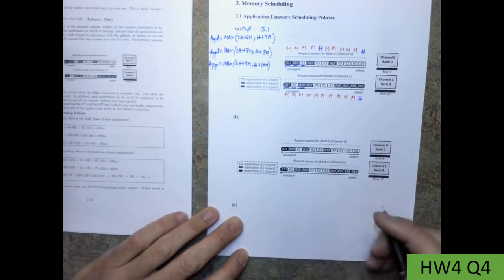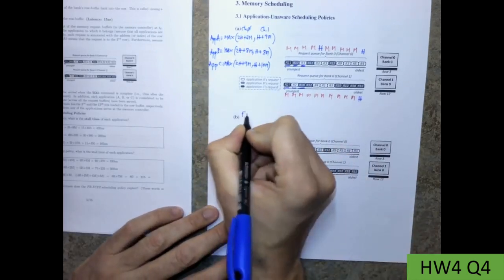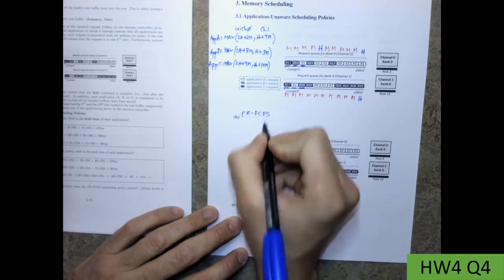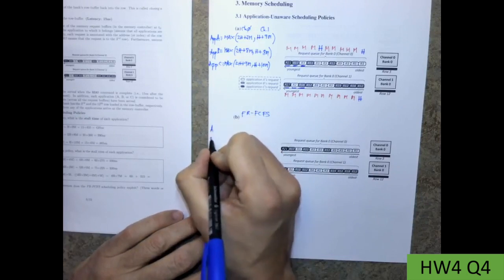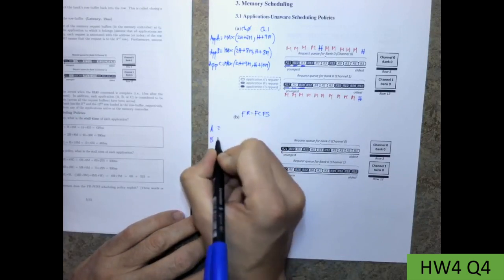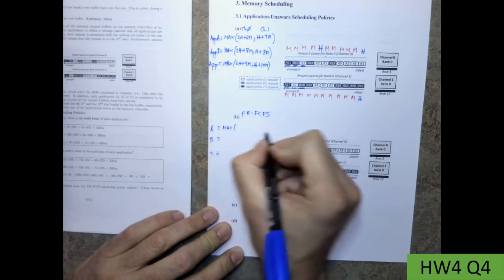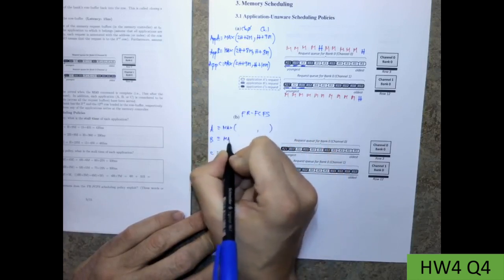In part B, now we consider first ready, first come, first serve. So again, we will see for the 3 applications, A, B, and C, the maximum in both channels.